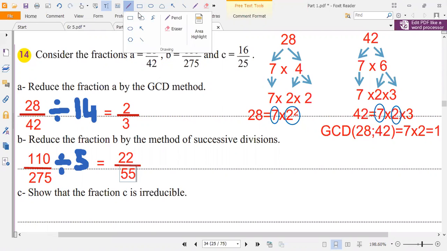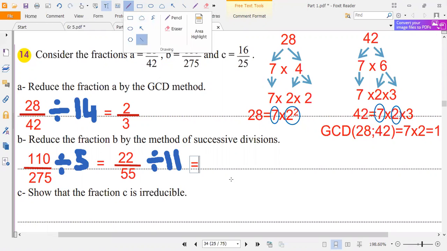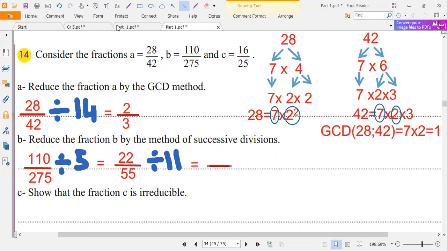Now we can divide this fraction by 11. 22 divided by 11 is equal to 2, and 55 divided by 11 is equal to 5. So we get 2/5.